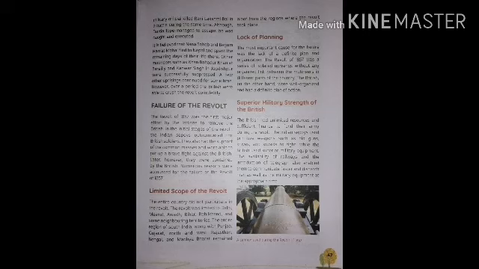Lack of planning, as I told, there was a lack of planning and lack of strategy also. The most important cause for the failure was the lack of a definite plan and organization. The revolt of 1857 was a series of isolated uprisings, with ups and downs and without any organized link between the mutineers in different parts of the country. No one was able to contact anyone, and people were doing whatever they wanted to.